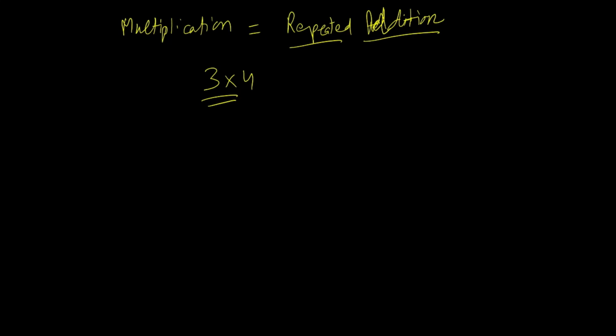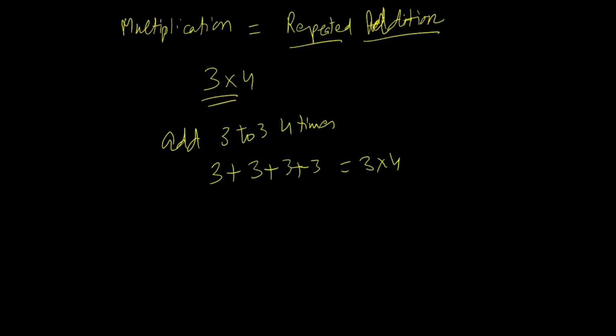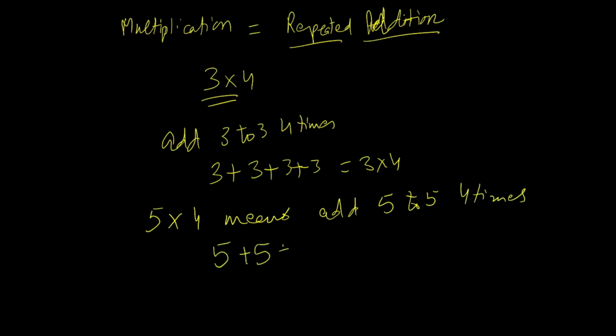Now, 3 multiplied by 4 means we add 3 four times, which means 3 plus 3 plus 3 plus 3 gives me nothing but 3 multiplied by 4. Likewise, 5 multiplied by 4 means we add 5 four times, which means 5 plus 5 plus 5 plus 5, which is obviously 20, which is nothing but 5 repeated 4 times, which is 20 only.